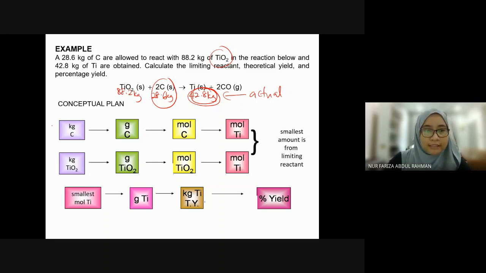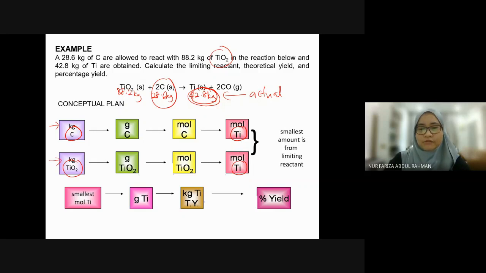So that's why here, as you can see, we have to check for carbon how much titanium can be produced from the amount of carbon given. And the same approach we go for titanium oxide. See? Okay, so we want to calculate with the amount given how much titanium can be produced. And then we have two pieces of information there.